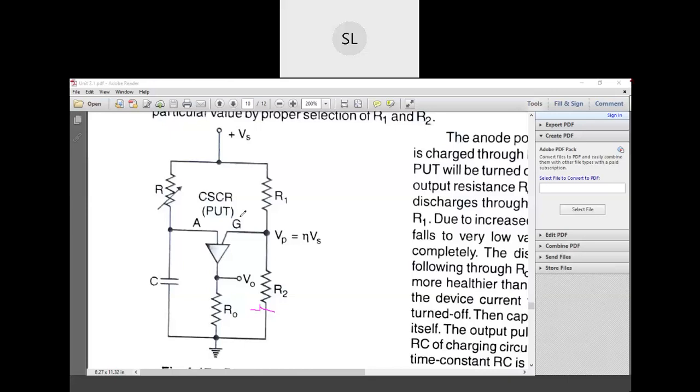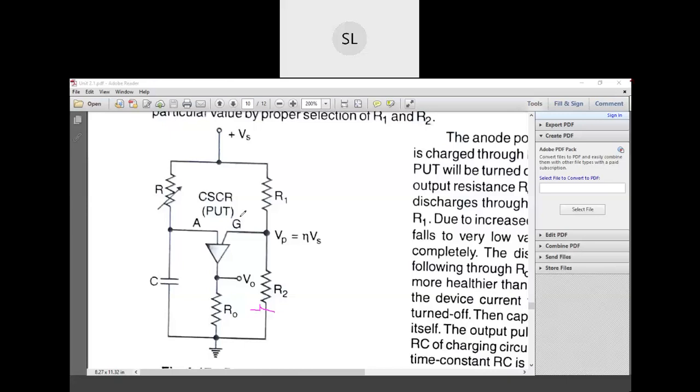Also, the PUT relaxation oscillator provides a high peak current pulse output as compared to the UJT. Also, the PUT has a fast rise time, which allows a faster rise in the current and provides healthier output pulses as compared to the UJT.